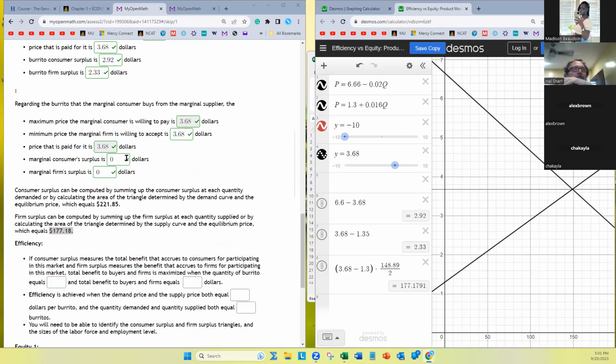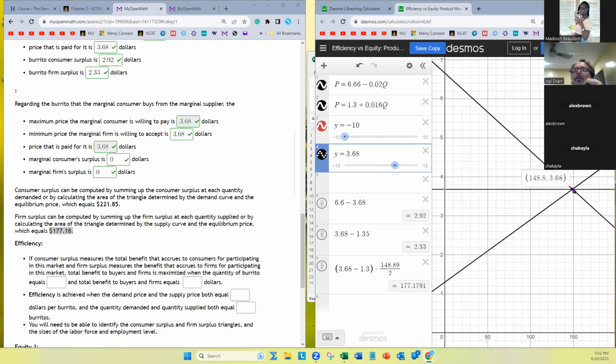That's the efficiency argument, right? So if consumer surplus measures the total benefit that accrues to consumers for voluntarily participating in this market, and firm surplus measures the benefit that accrues to firms for voluntarily participating in this market, the total benefit to the firms is maximized when the quantity of burritos equals what?